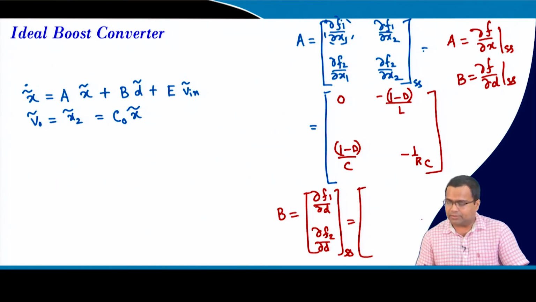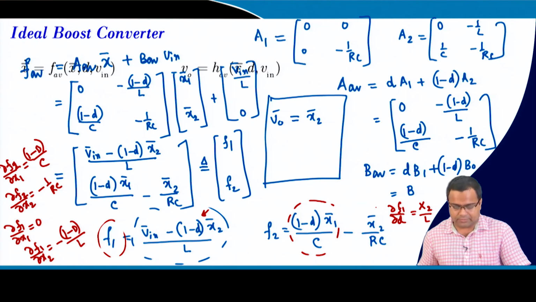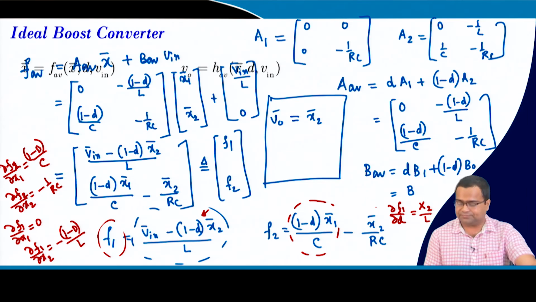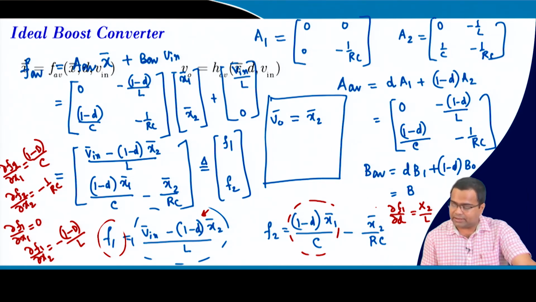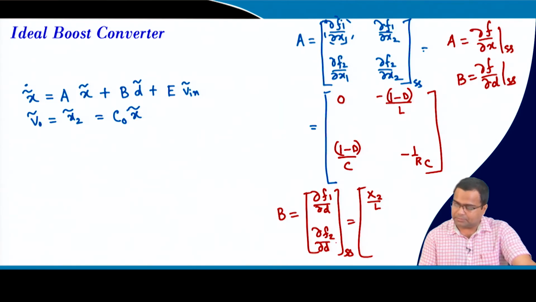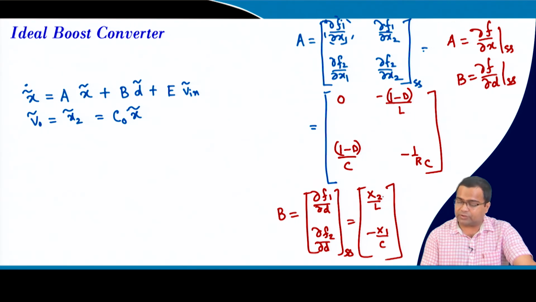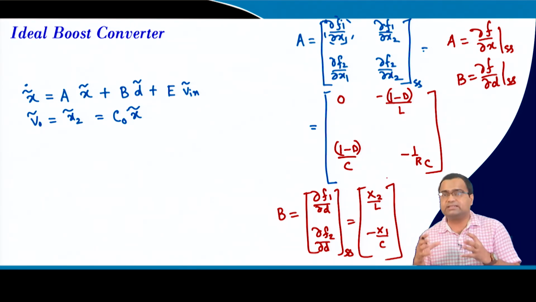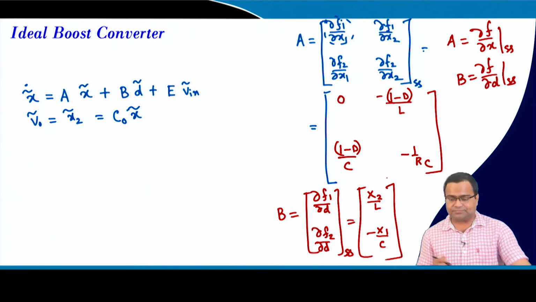So, it is x2 by L, and dou F2 dou d is minus x1 by C. Here x2 is the steady state value of the capacitor voltage, and x1 is the steady state value of the inductor current.